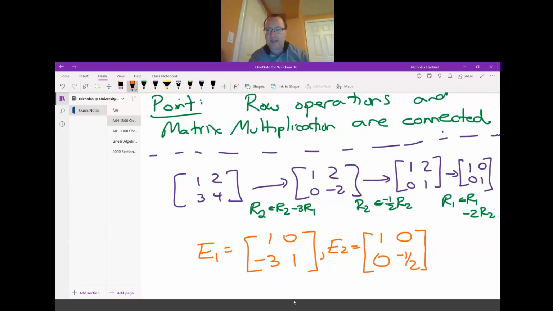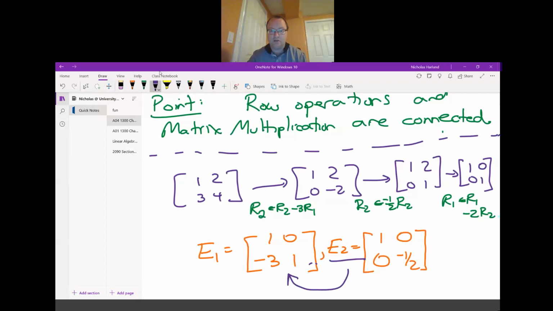Any elementary matrix starts with the identity and has one row operation performed on it. So E1 is take the identity and perform this row operation to the identity. But if we're moving on to E2, we're not doing a row operation to E1.